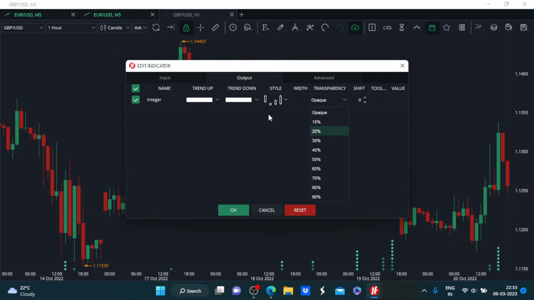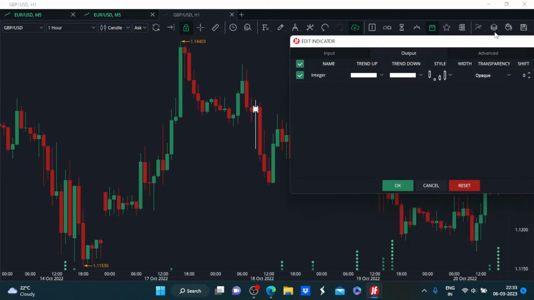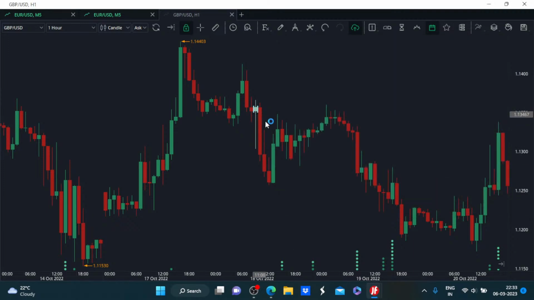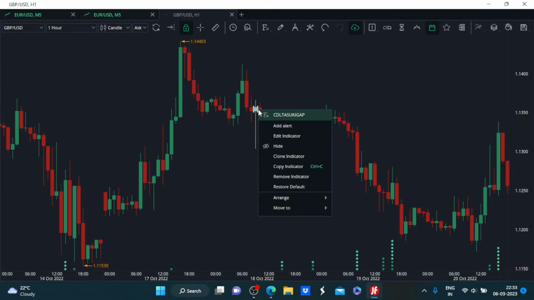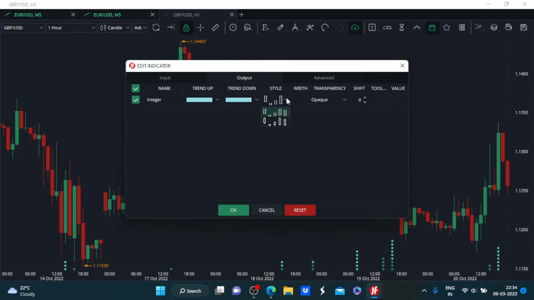Transparency factor: suppose you feel that this is looking too prominent on the chart, you can reduce the transparency, or you can increase the transparency, and that's how it is going to look a lot less prominent on the chart. Because I had searched it multiple times, we are seeing this formation both in terms of bracketing as well as another style which we just edited. Now again I will revert back to this styling combination.